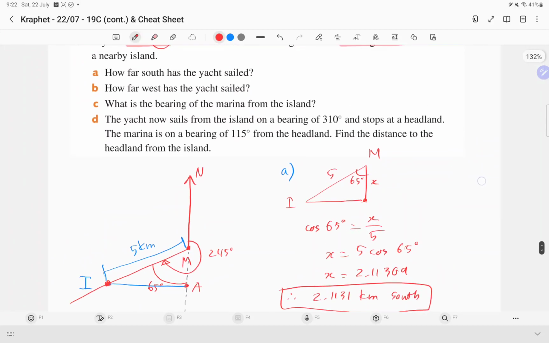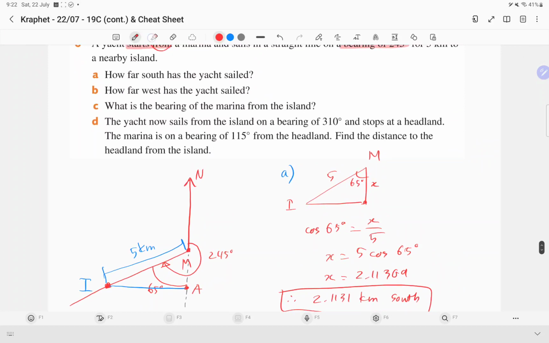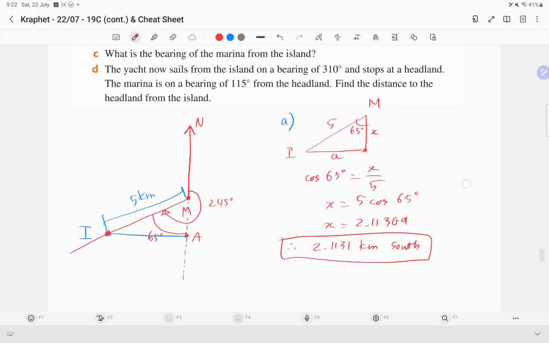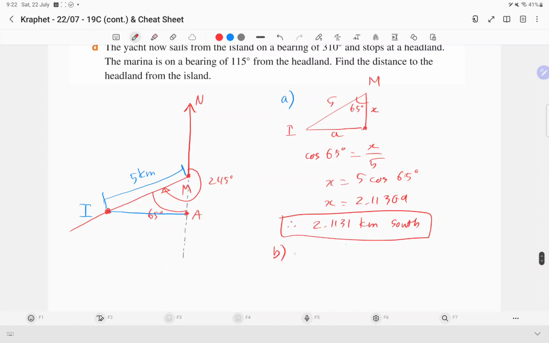But does it make sense, Peter? Like how far south? Yeah, it's just how far south from the main point, right? And then how far west is just the same thing, but I call that one, let's say, the value A here, for example. So how far west is essentially just whatever that value of A is.